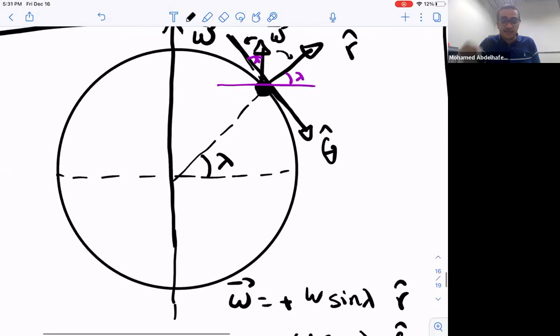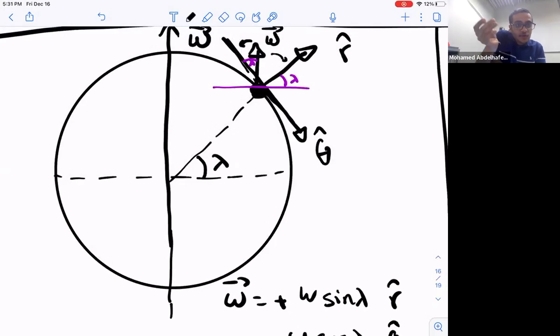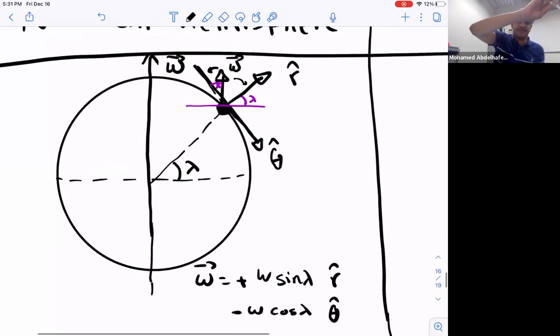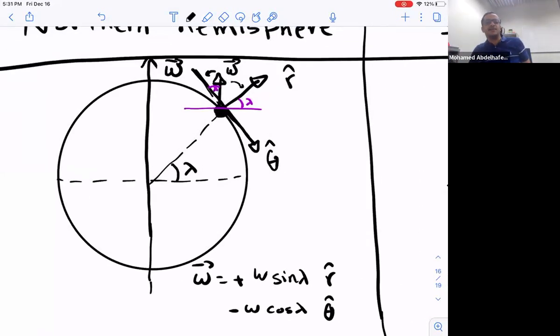Because I figured this to be theta, and going with theta, I'm decomposing into it. That's how I think about it quickly without drawing triangles. Many of you draw the triangle and try to figure it out, which could be a little confusing. But for me, once I identify an angle, decomposing with the angle is cosine, always. Decomposing the other way from the angle is sine. So it's omega cosine lambda minus theta hat, and omega sine lambda plus r hat.